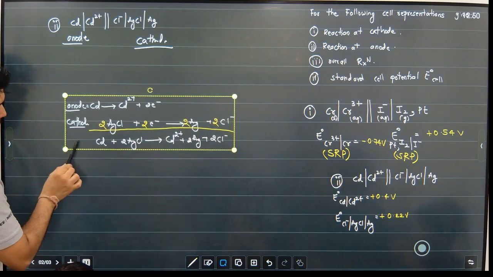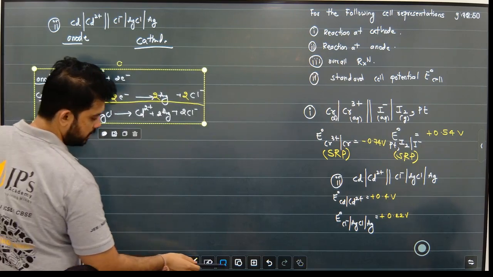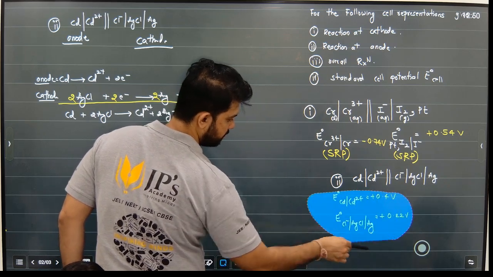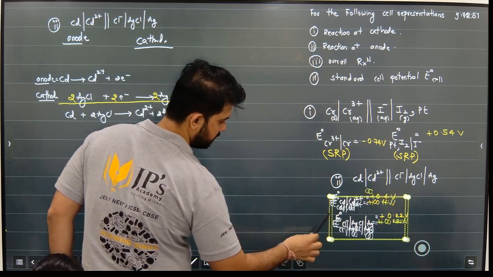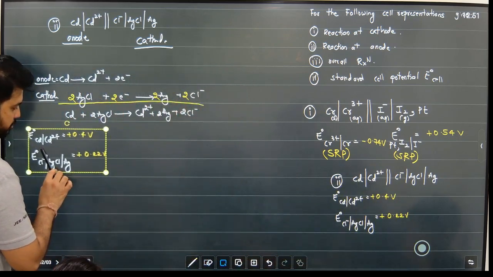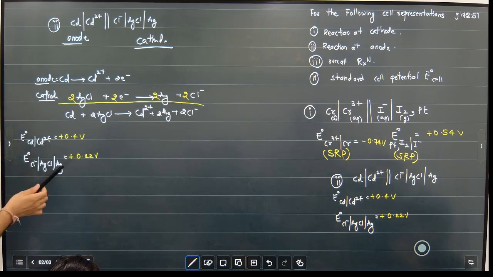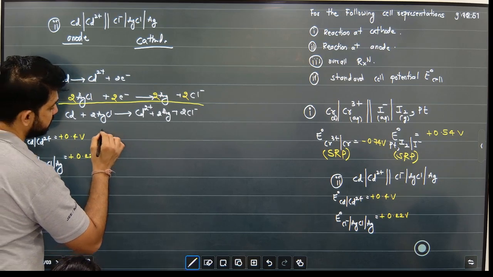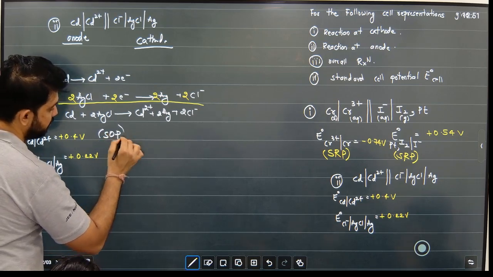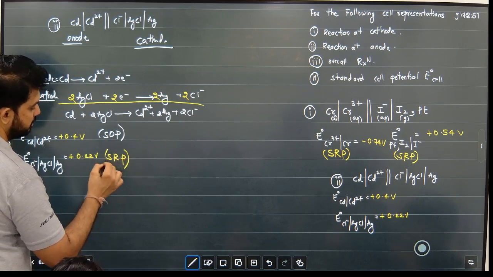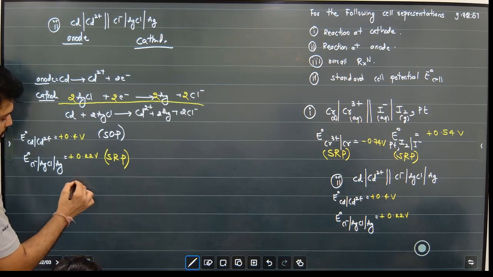Now carefully observe the potentials given. I repeat, carefully observe this and look at cadmium. What is this value given? Excellent. So for the anode, they have given us the SOP, and for the cathode, they have given us the SRP. So which formula will we use here?